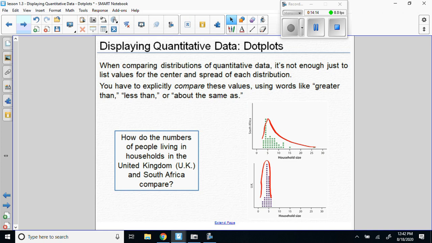No. Okay. Let's look at South Africa. You have small households, then groups of 4 up to 10, and then it also increases more. Why do you think the South African data is different from the UK?